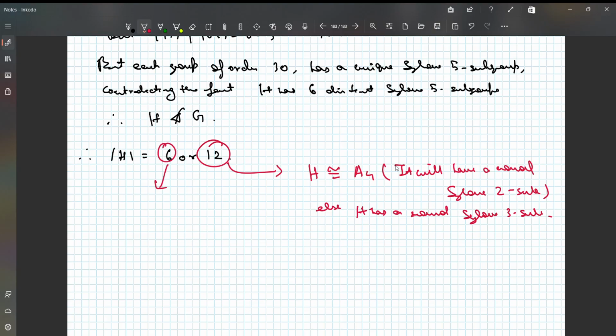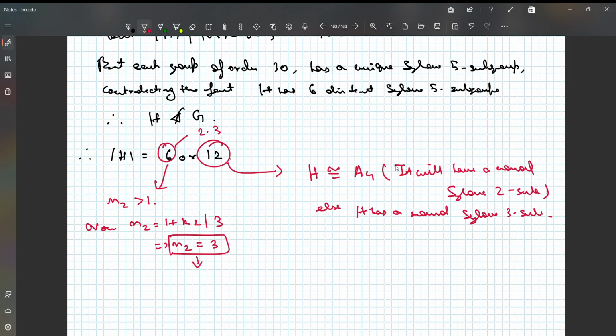If H is of order 6, then observe that 6 has a prime factorization of 2 times 3. So it obviously has a Sylow 2-subgroup and a Sylow 3-subgroup. Suppose the number of Sylow 2-subgroups in H is greater than 1. But N2 has the form 1 plus 2k and it must divide 3. That implies the only possibility is N2 equal to 3. If the number of Sylow 2-subgroups in a group of order 6 is 3, each subgroup contributes one non-identity element, and each of these three Sylow 2-subgroups intersect in the identity.